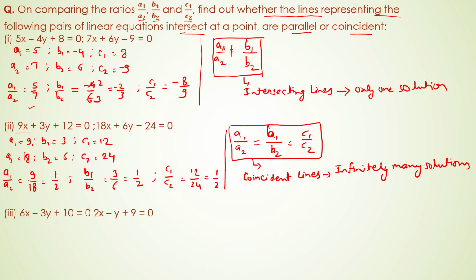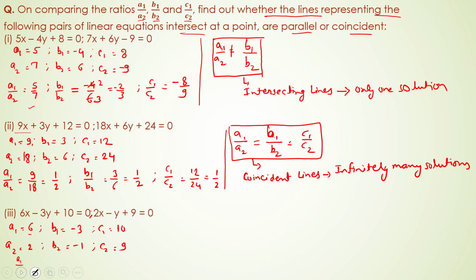Let us see one more case comparing with the standard form. We get a1 as 6, b1 as minus 3, c1 as 10. a2 is 2, b2 is minus 1, and c2 is 9.